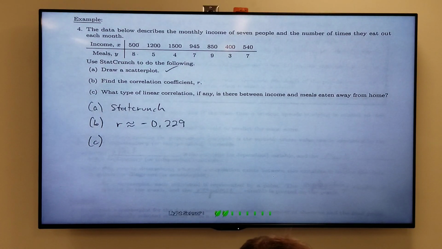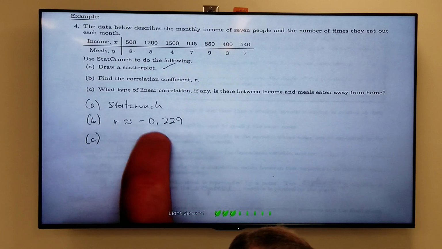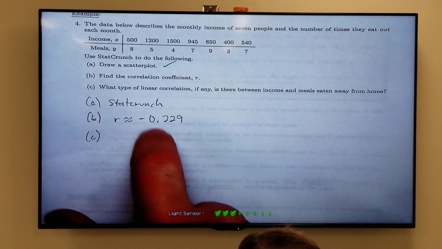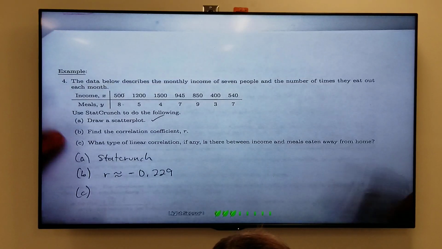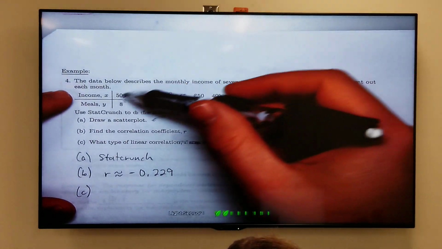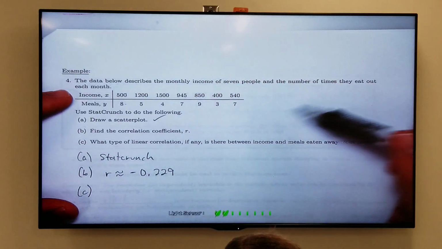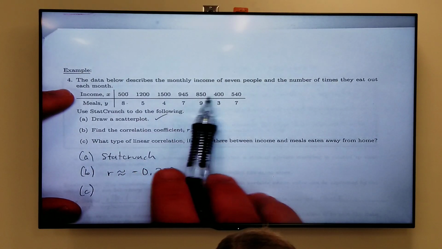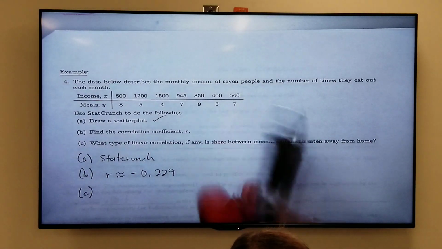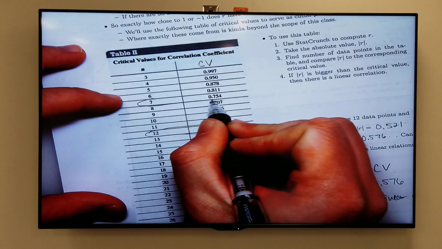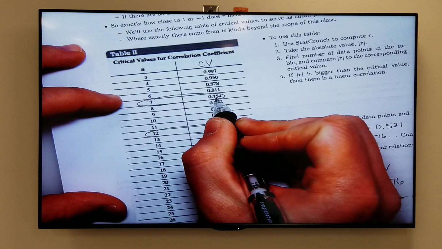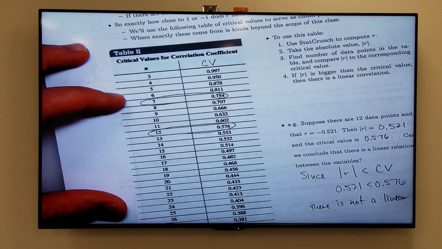Well, first of all, we'd have to look up the critical value to see what number we had to beat. Okay, so the critical value in this case is going to correspond to n equals 7, because there are 1, 2, 3, 4, 5, 6, 7. Our sample size is 7 individuals. So looking at n equals 7, the critical value that we had to beat was 0.754.